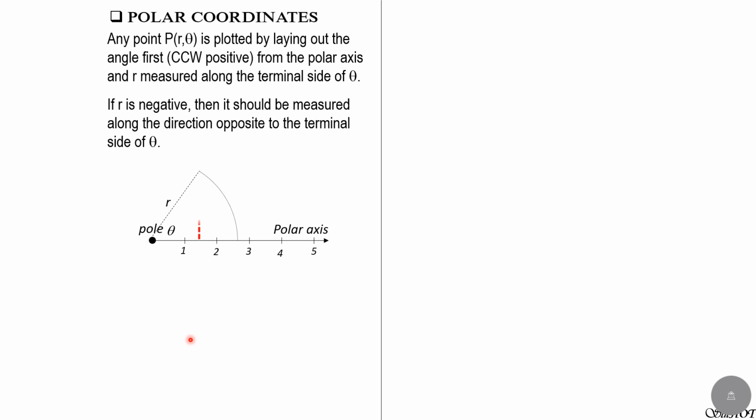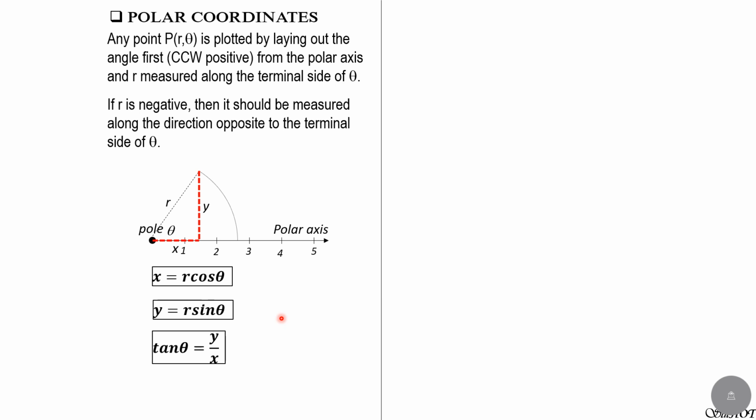If we superimpose the x and y axes, then this is y, and the horizontal is x. So x is r cosine theta from the figure, y is r sine theta, tangent theta is y over x, and of course by Pythagorean theorem, x squared plus y squared equals r squared.